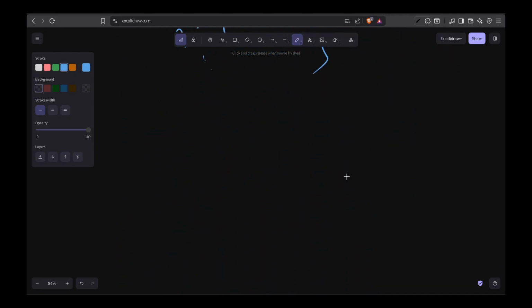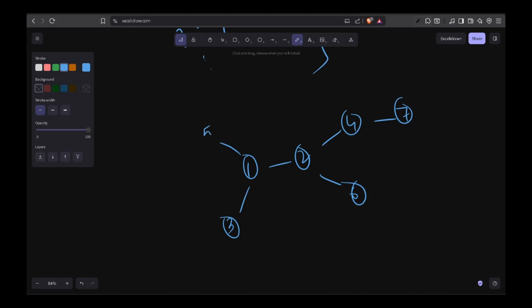So let's do the dry run for this case. 1, 2, there was 4, then 7, then 6, then 3, and then say 5, right? Now these are the leaf nodes and they will get eliminated because they can't be the answer, right?